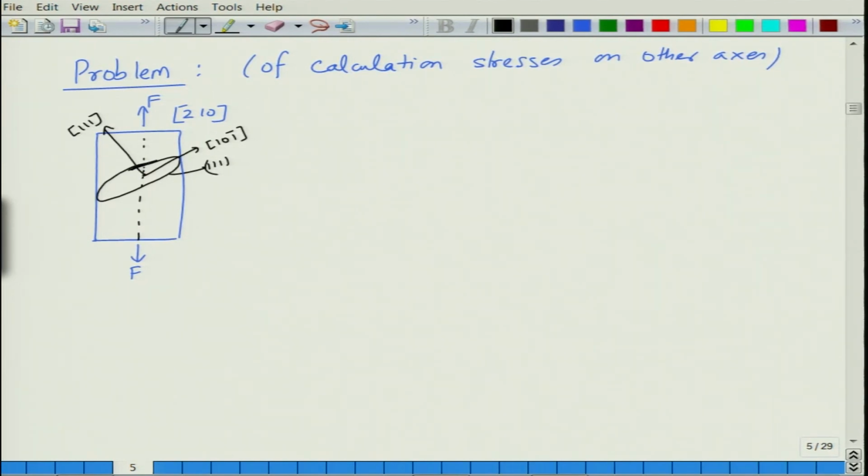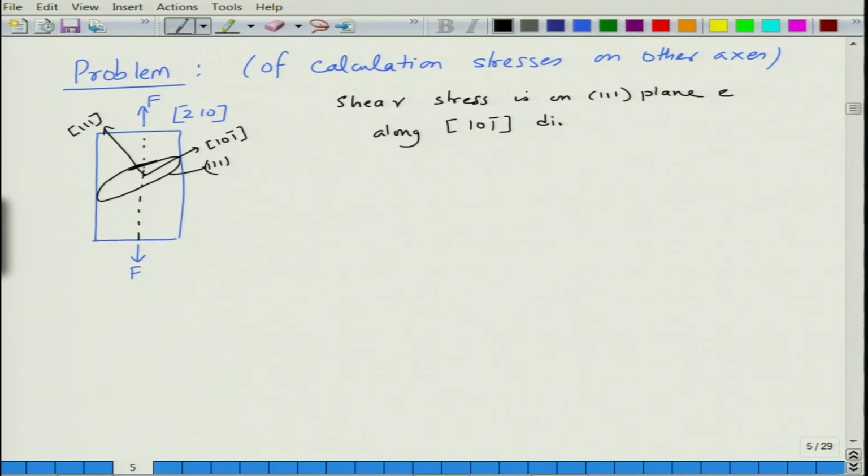So, although the normal stress is applied along the 210 axis, the shear stress is on the 111 plane and along the 10 bar 1 direction.